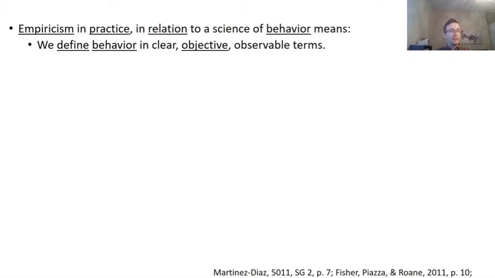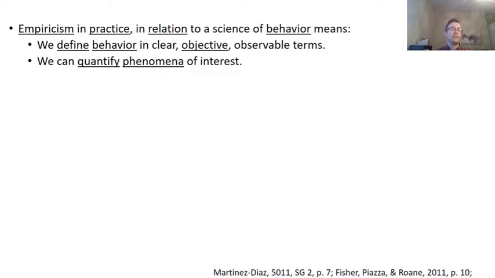So this description of behavior is quite clear, quite objective, and it's in measurable terms. Those are all observable, measurable characteristics. So that definition I just described of behavior is consistent with empiricism in practice. We can quantify phenomena of interest.